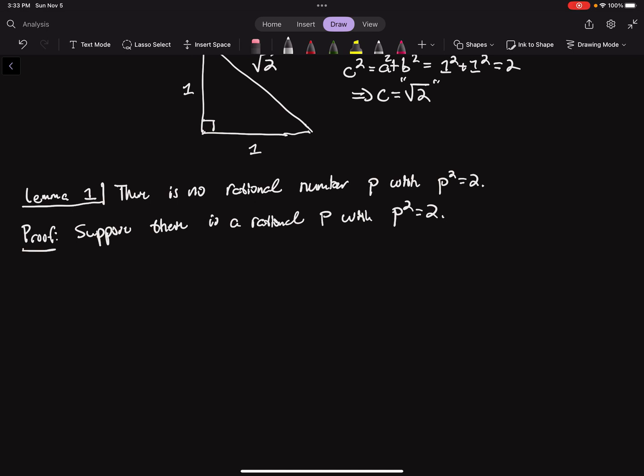And let's write p equals m over n. P is a rational number, so we should be able to do this.